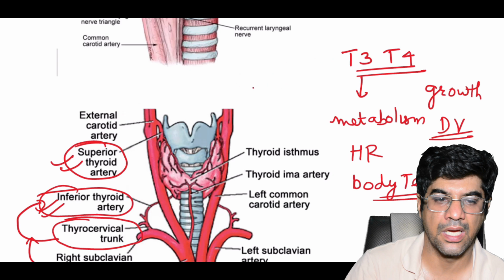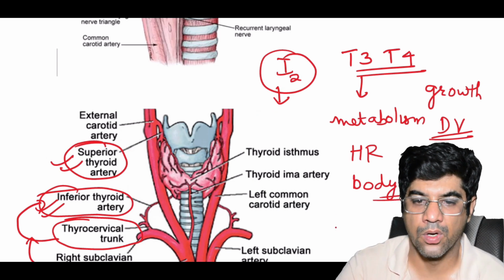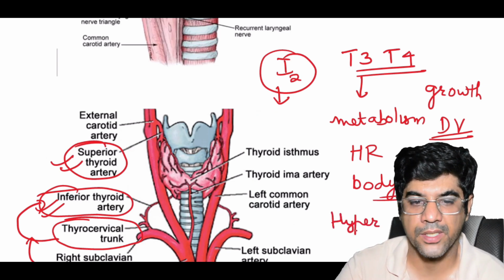The thyroid gland is responsible for various conditions. Overproduction or enlargement of the thyroid gland can be due to iodine deficiency, hyperthyroidism or hypothyroidism. Overproduction of thyroid hormone is hyperthyroidism, known as Graves' disease.